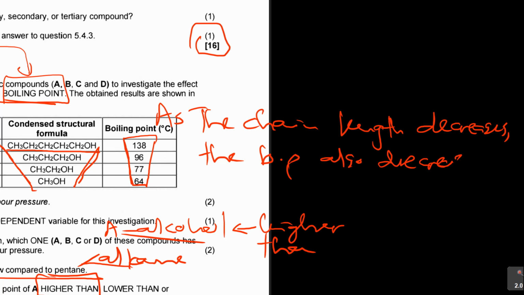You can say the opposite. As the chain length increases, which means you're going up, the boiling point also increases. Right. So, or you can say the boiling point increases with the increase in the size of the molecule. You see, this is a smaller molecule from the bottom. It's a smaller molecule, but as you go up, the molecular size increases. So the boiling point increases with the increase in the molecular size.